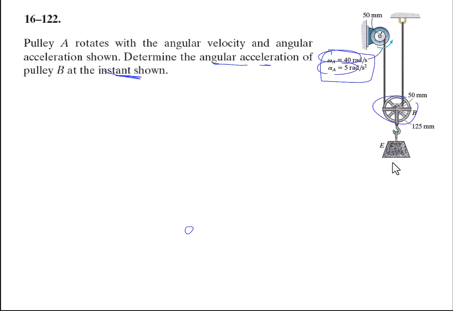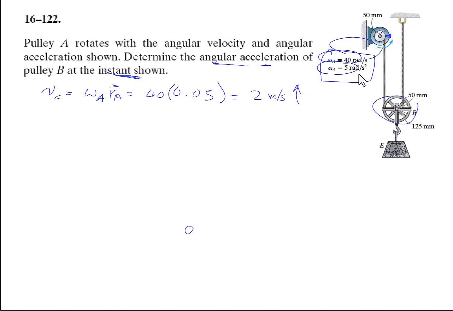We can see that pulley A rotates about a fixed axis, so the velocity of point C is nothing but the angular velocity of this pulley A times the distance R of point A, and this is 40 times 0.05, which is 2 meters per second upward.